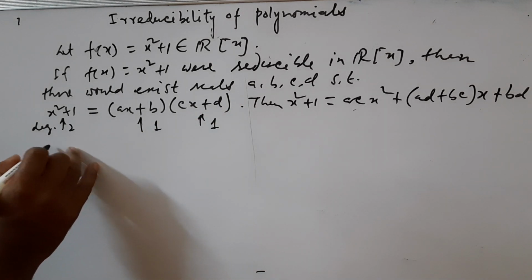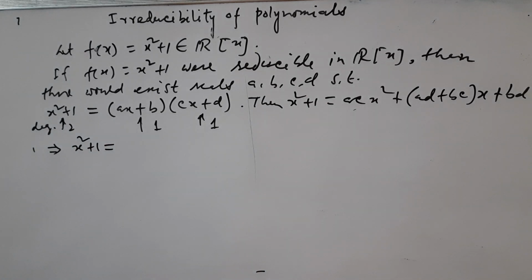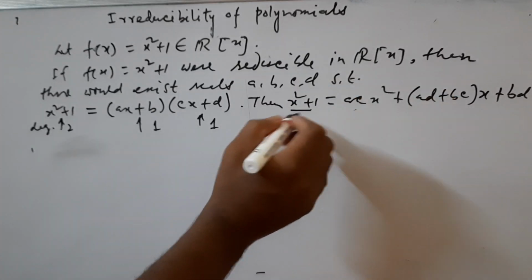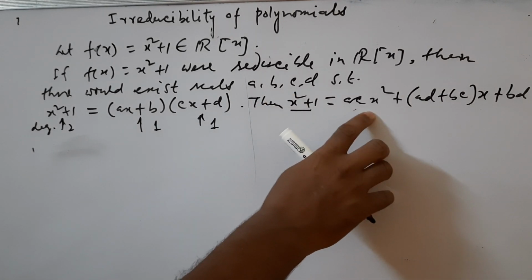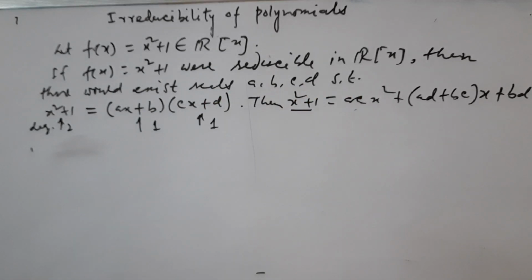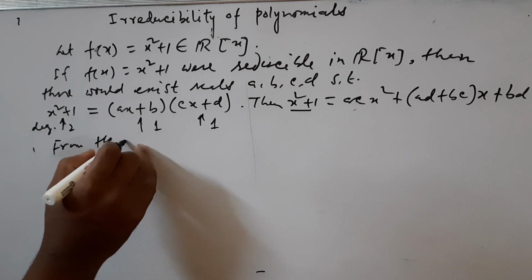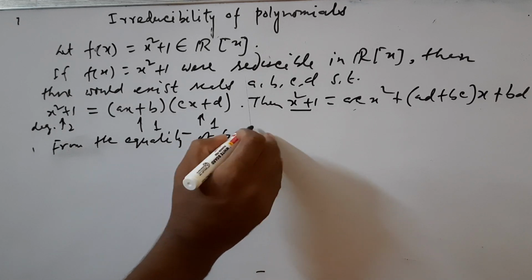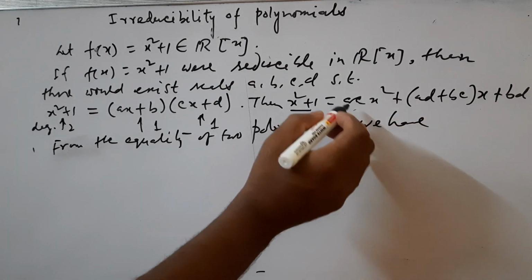On the left we have x square plus 1, and on the right, by equality of two polynomials, the coefficient of x square on the left is 1 and on the right is ac, so these two coefficients will be equal.